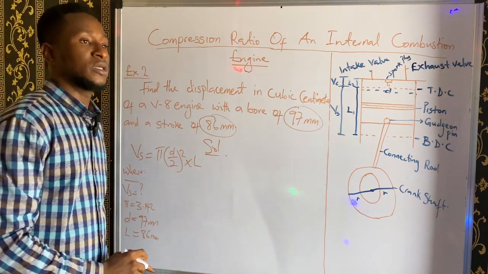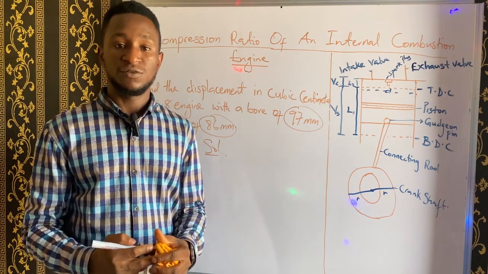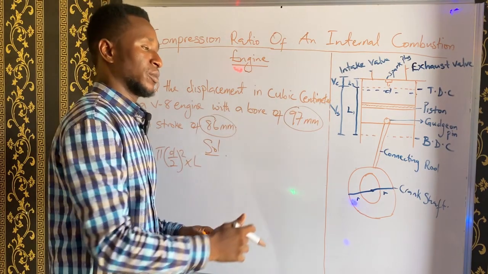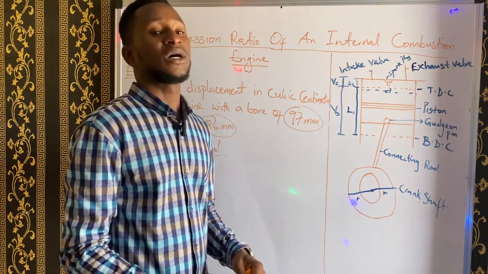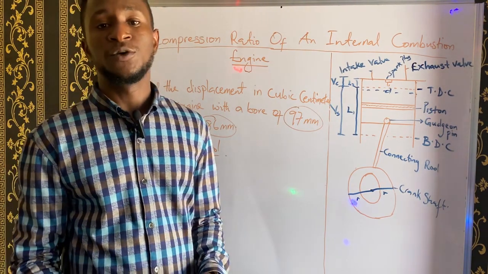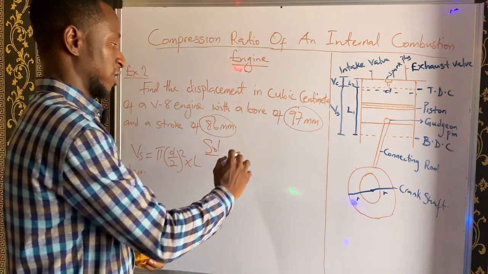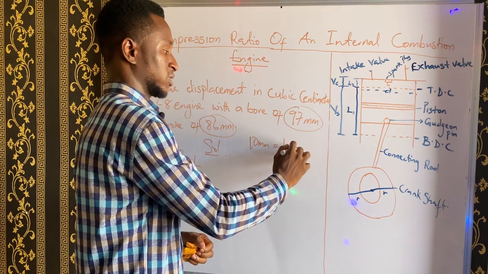Now, before we proceed, there is a particular conversion we need to observe, because the question says we should provide our answer in cubic centimeters, but the data is given to us in millimeters. So we have to convert from millimeters to centimeters. 10 millimeters is equivalent to 1 centimeter.